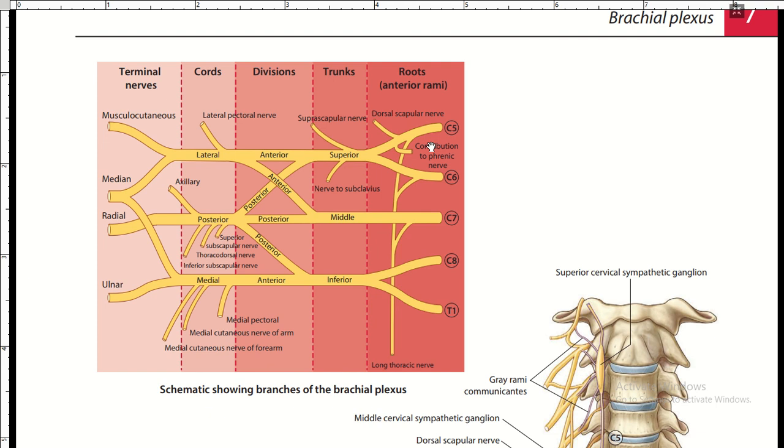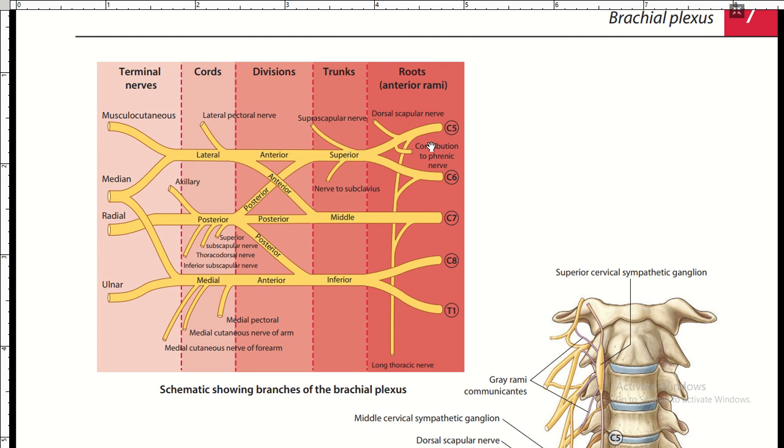Very important. This is going to result in the hand medially rotated, the elbow extended, and your hand pronated. That's your Erb's palsy.